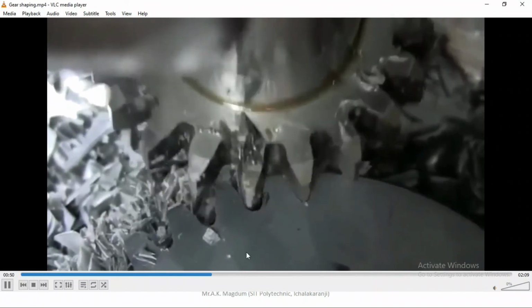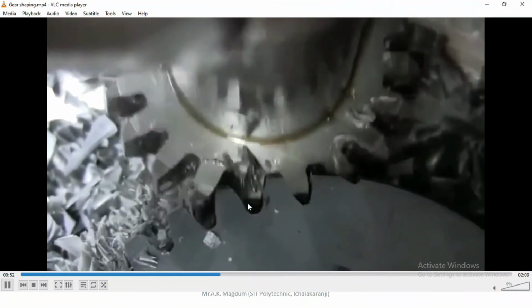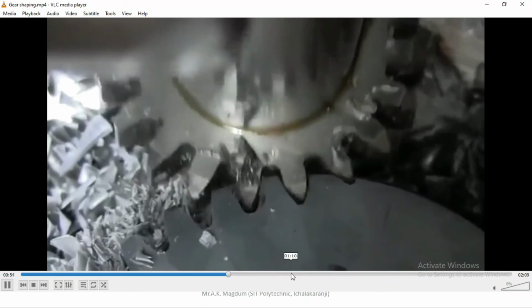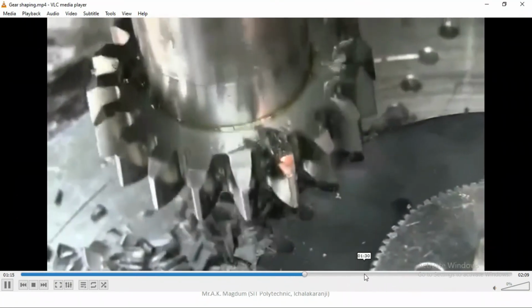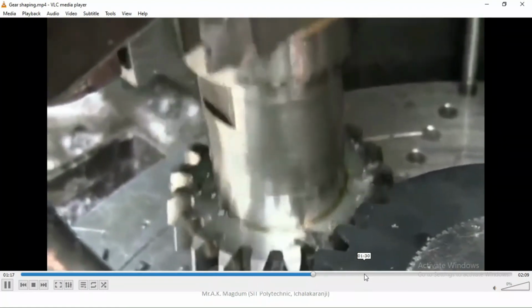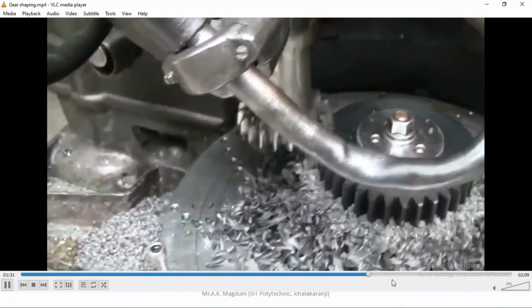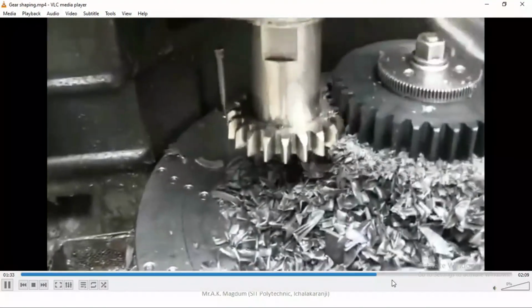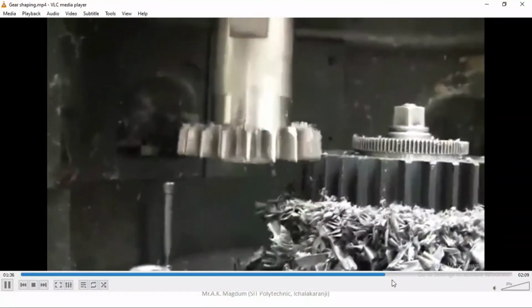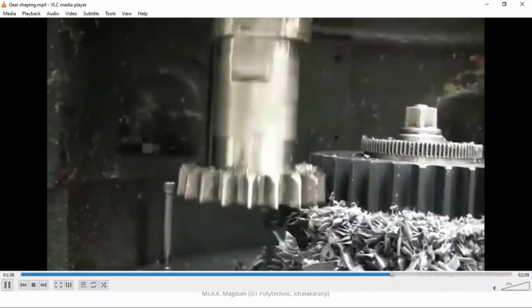So this is the video regarding the pinion cutter motion. All of you observe the various gear teeth which are produced over that gear blank, and at the end, whenever all teeth are produced over that gear blank, we can stop it and complete the gear.